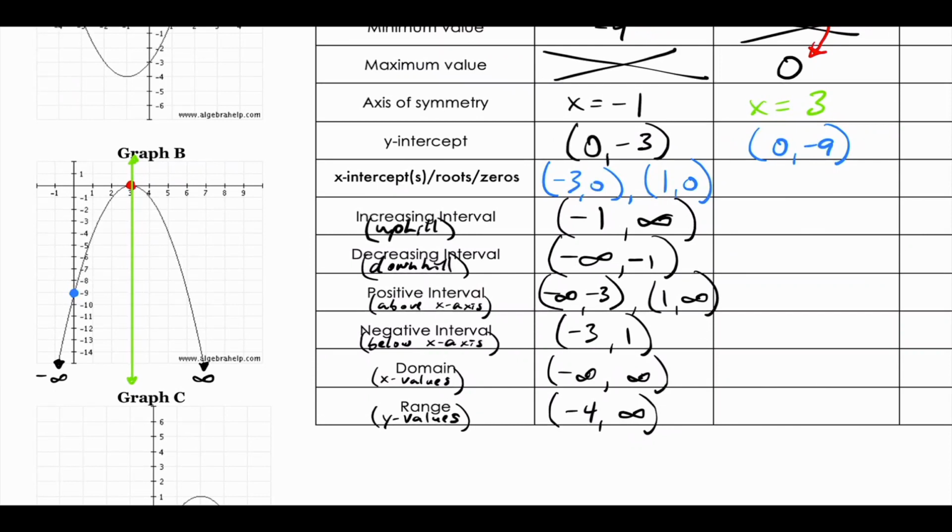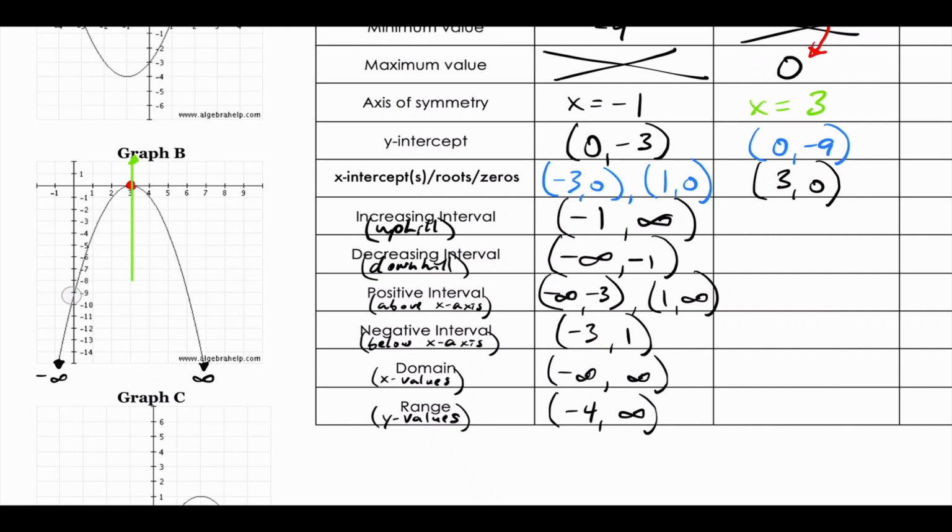So it doesn't cross. It touches the x-axis. Where does it touch the x-axis? At 3, 0, yeah. I've had some students put nothing there because they're like, it doesn't cross. Well, it can touch too. It doesn't have to cross. It just has to touch. Only one time, though.